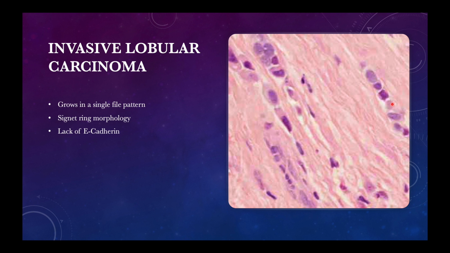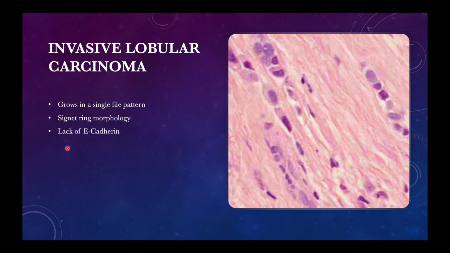Some of the cells may have signet ring morphology. I think that might be one. I don't think I can see any signet cell morphology here. But typically, you know what the signet ring morphology looks like. But yeah, they grow in a single file, and these have completely surpassed the basement membrane, and they're just growing within the stroma themselves.